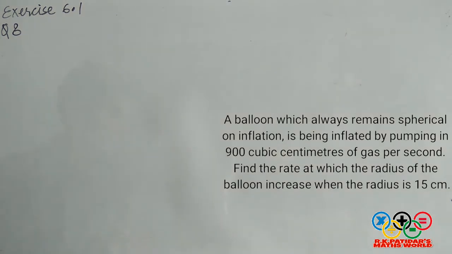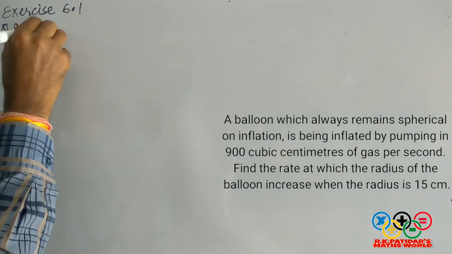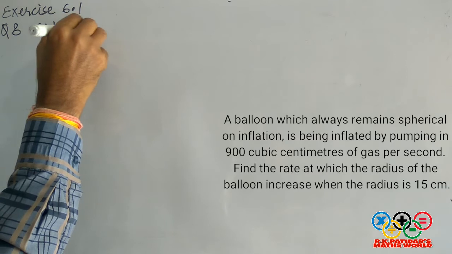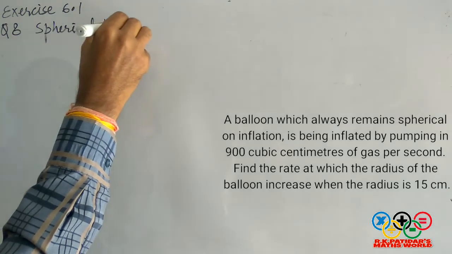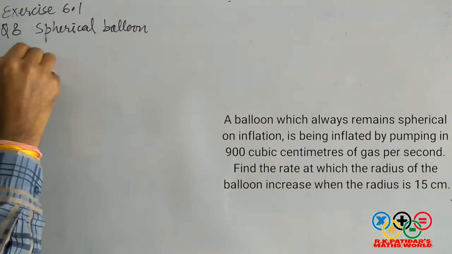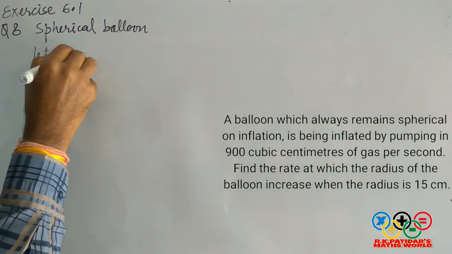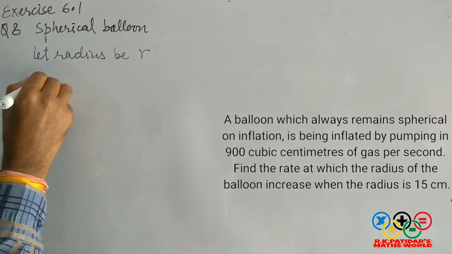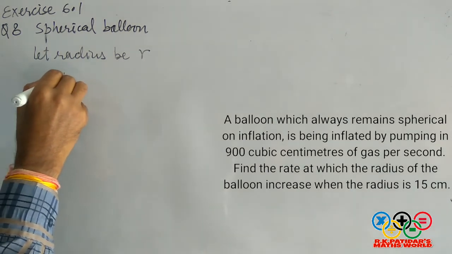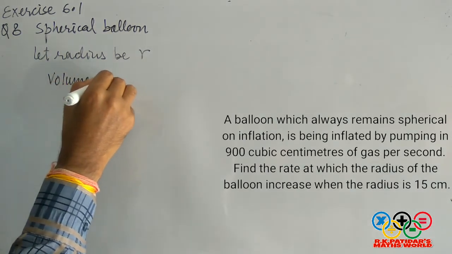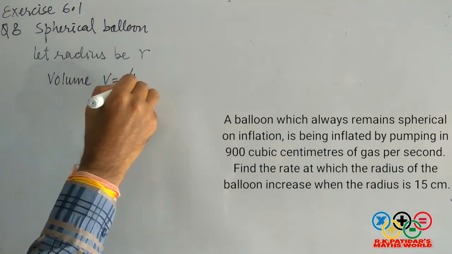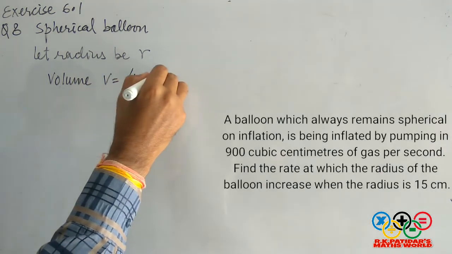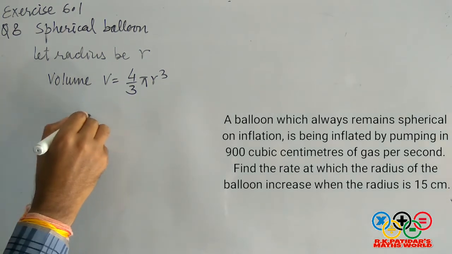We have to find out the rate of change of its radius. So here a spherical balloon is given. Let radius be r, then its volume V will be 4 by 3 pi r cube.